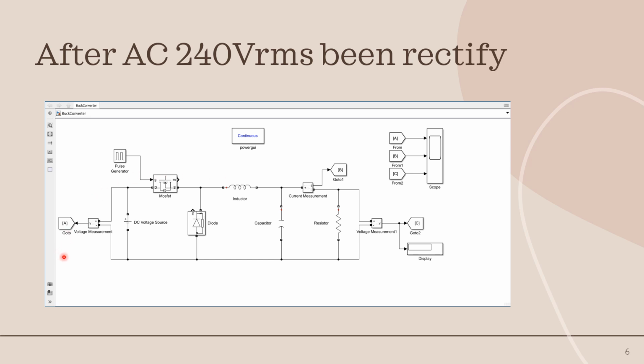So this is the circuit to change the 240 VRMS to 60 volt VDC. So we use a MOSFET and diode, capacitor and resistor.